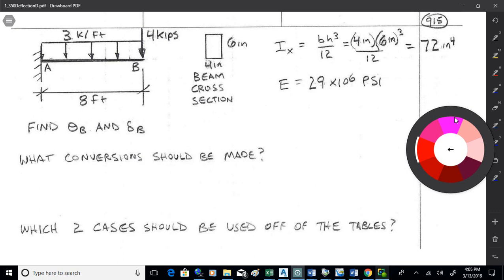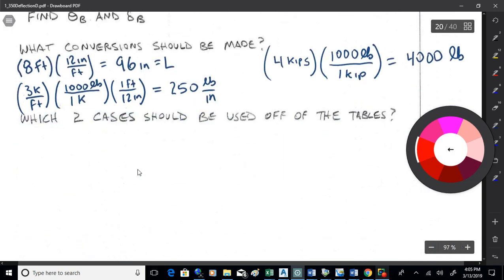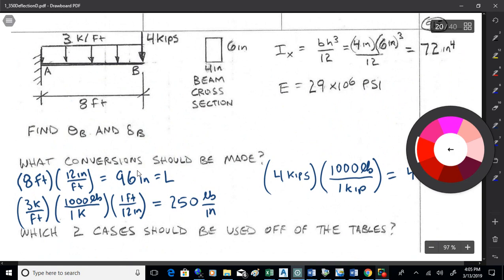So the first thing when I'm doing these English ones, especially imperial units, is I want to get everything converted. I want pounds and I want inches. And remember to do that for everything if you've got a problem in imperial English units. So 8 feet is 96 inches. A kip is 1,000 pounds.